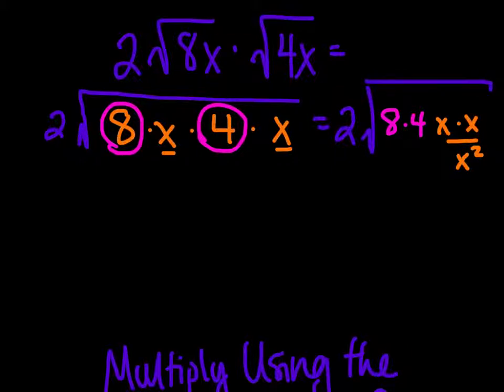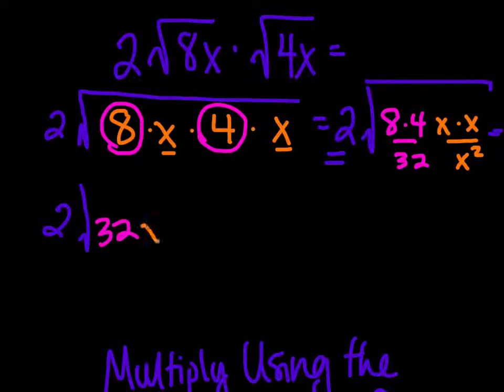If you notice, this 2 that we have here is just going along for the ride. It's just hanging out, and it's going to continue hanging out until maybe our last couple of steps. So we have 8 times 4, which is equal to 32. So we're going to now write 32 in here. We have our x squared, and we're going to take the square root.